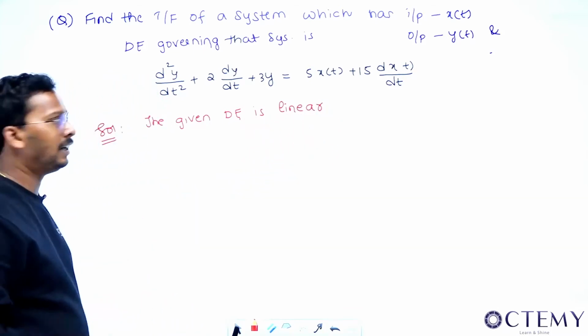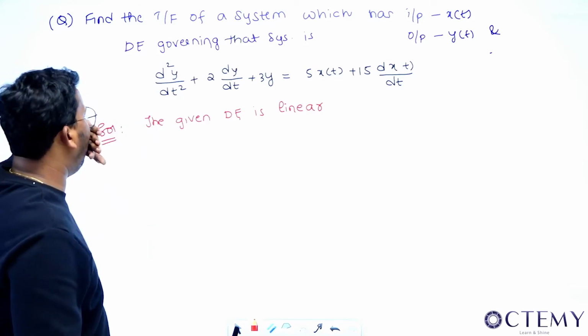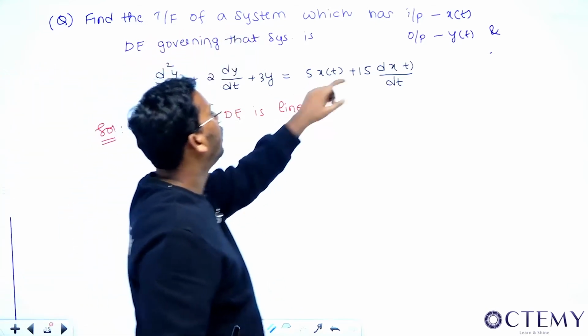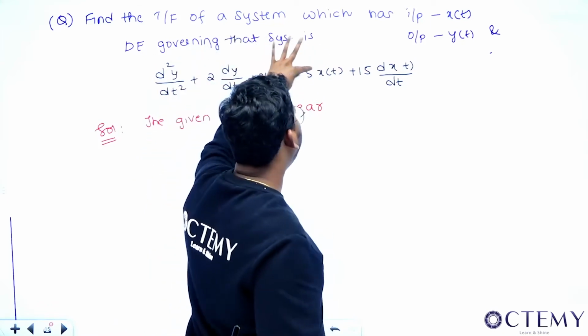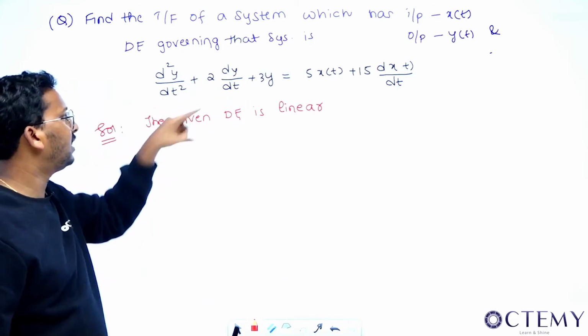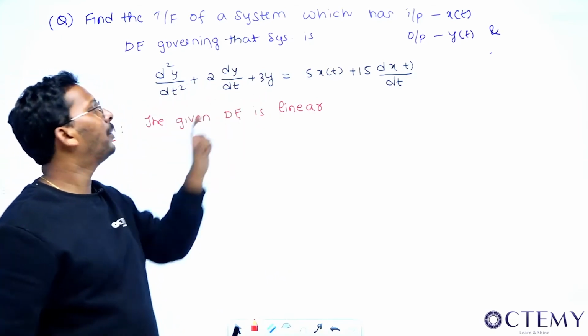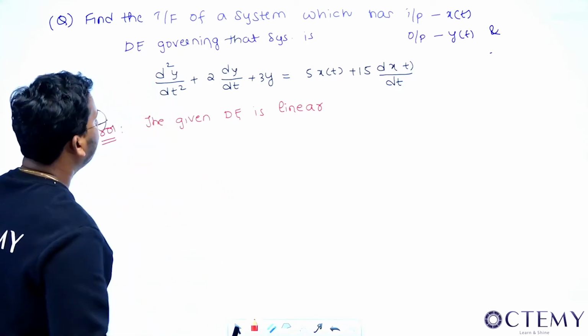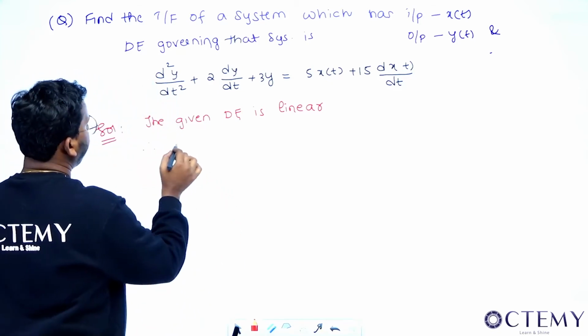How can I say it's linear? Because y is the dependent variable and x is the dependent variable, whereas t is the independent variable, right? So none of the powers is greater than 1 and they are not multiplied, right? So very good, therefore apply Laplace.